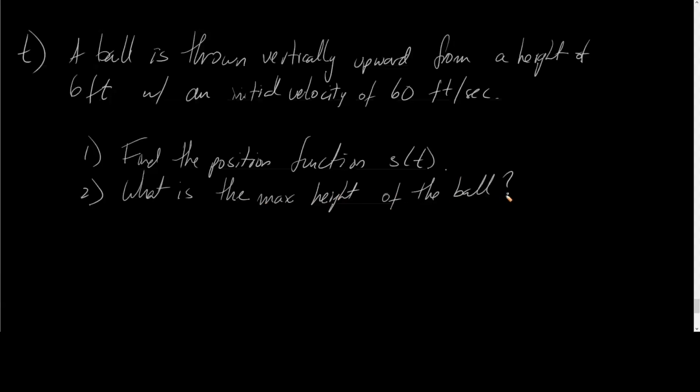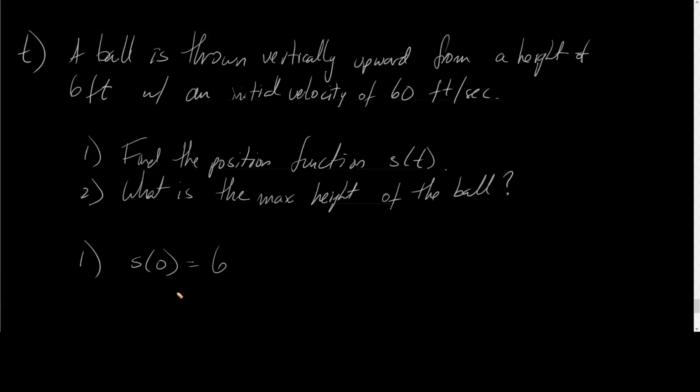All right. So first, to answer the first question, find the position function s of t. Well, let's see what we have here in this scenario. We've got a ball that's thrown vertically upward, directly upwards, and we know that it was thrown from a height of 6 feet. So that tells us that the initial position, the position at time 0, is 6.